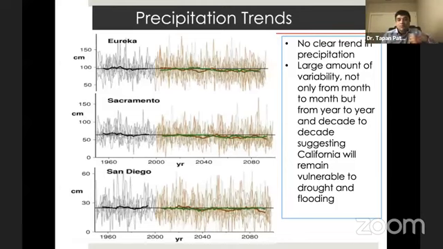So even if we get rain, it is going to come at a smaller frequency but with more intensity. You might get more intense events rather than gradual precipitation events. Another way of saying this is that this state, and the southwestern US in general, is going to be vulnerable to both flood and drought conditions.